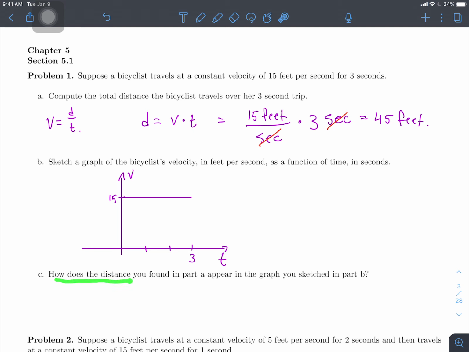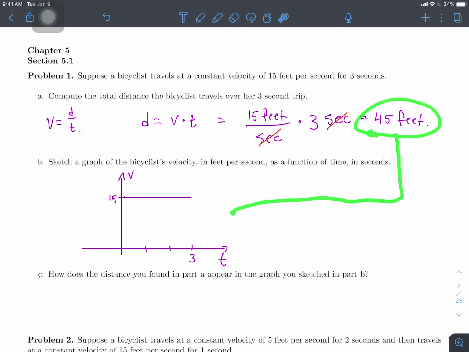We want to ask, how does the distance that we found in part A manifest in this graph? So, we found out that the distance traveled was 45 feet. Can someone tell me a geometric interpretation of how we see the quantity 45 feet in terms of this graph?